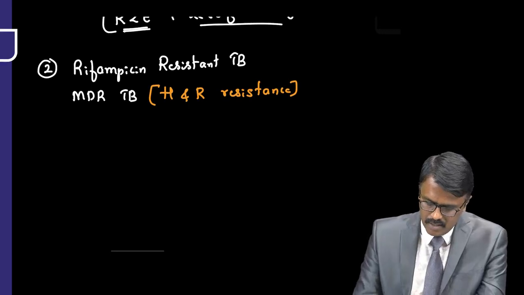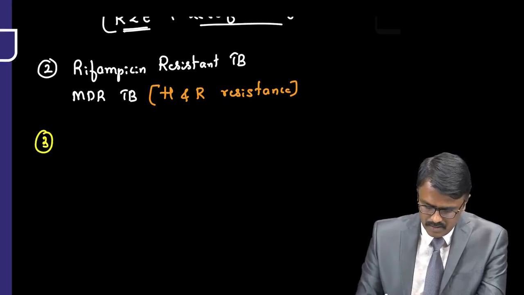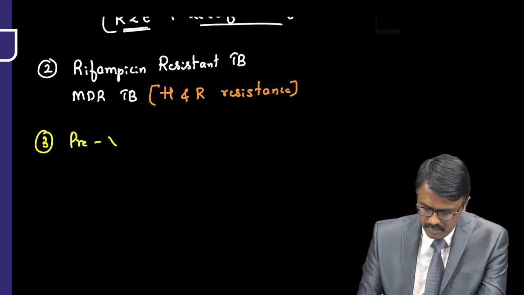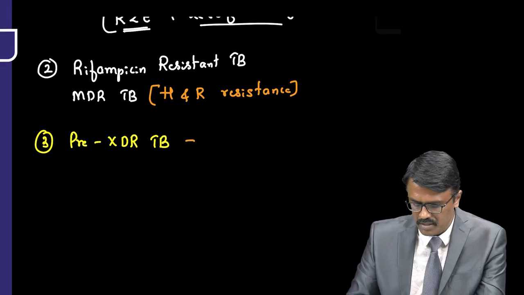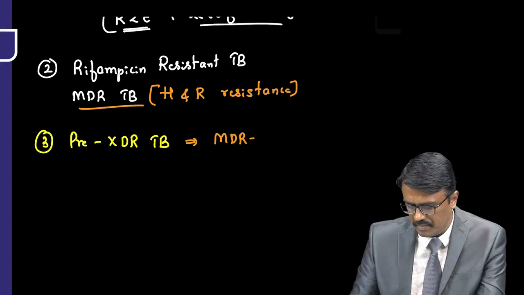Now the third important problem we are facing is that nowadays there is a definition of pre-XDR TB. Pre-XDR TB is a continuation of the definition: same MDR TB, and along with MDR TB, the patient will have one more problem.